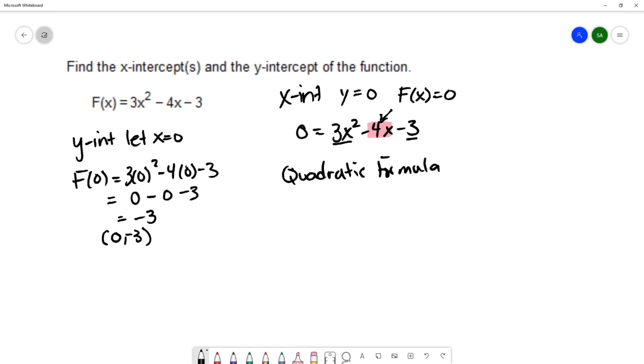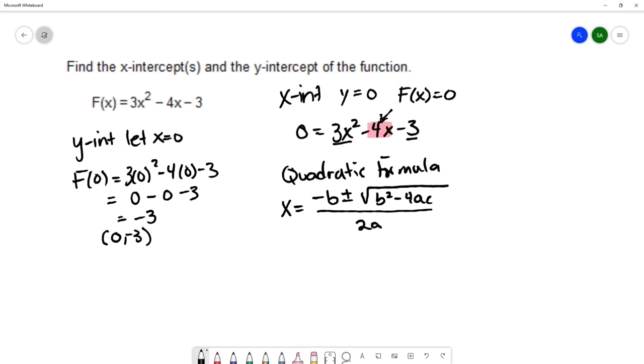And the quadratic formula is a formula for solving quadratic equations using the coefficients of the terms in that quadratic equation. So the quadratic formula is x equals negative b plus or minus the square root of b squared minus 4ac all over 2a.